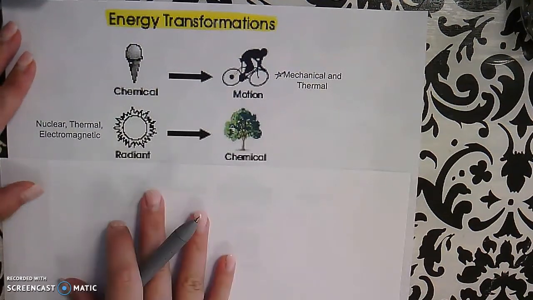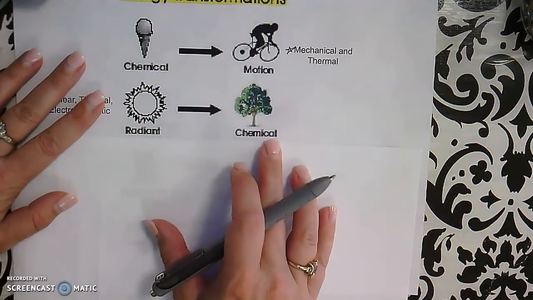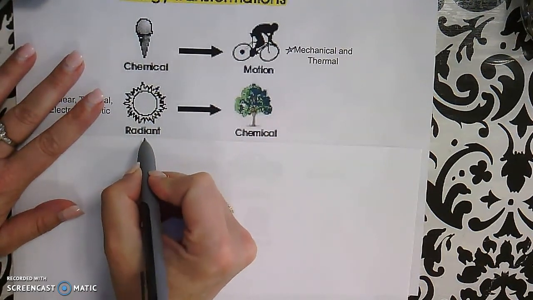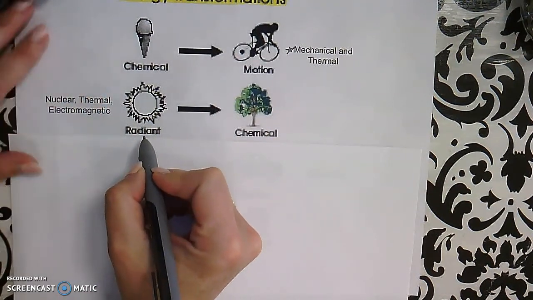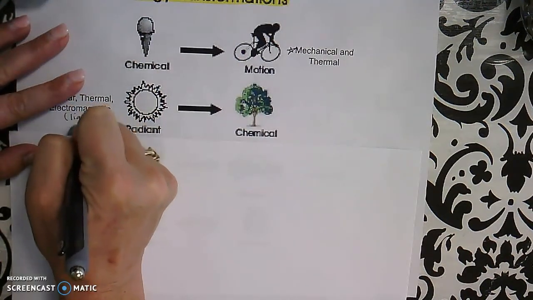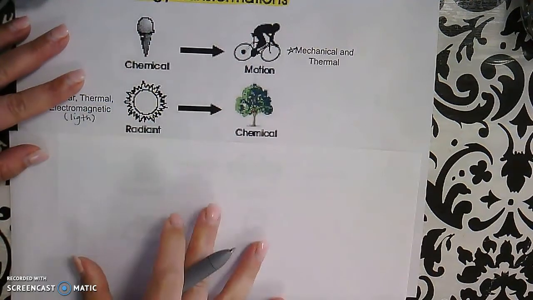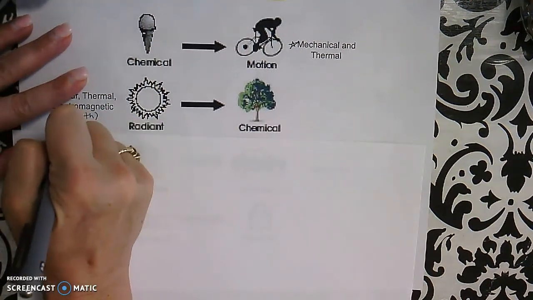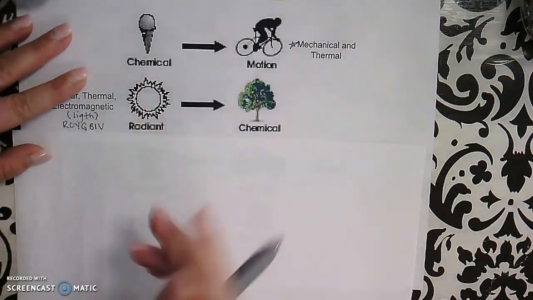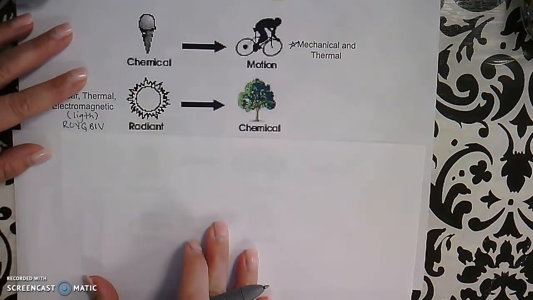All right, the next one is the sun going to a tree. This lists the sun as radiant energy, which it is sometimes called. Based on our notes, it would be electromagnetic, which is light, part of the visible light spectrum. We know it as ROY G BIV: red, orange, yellow, green, blue, indigo, and violet.